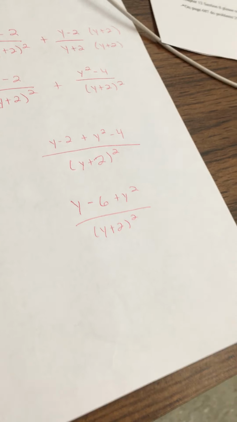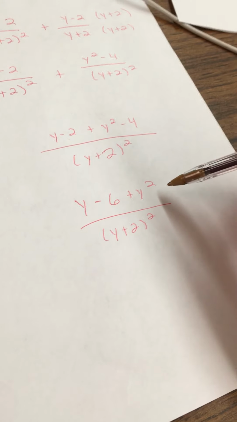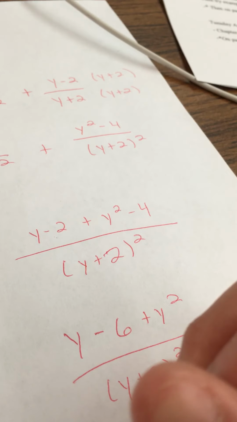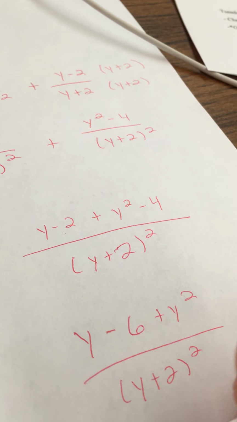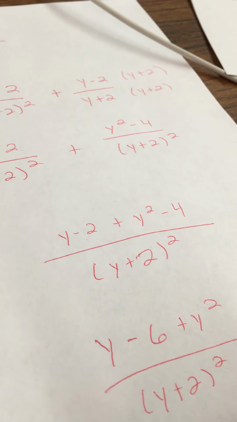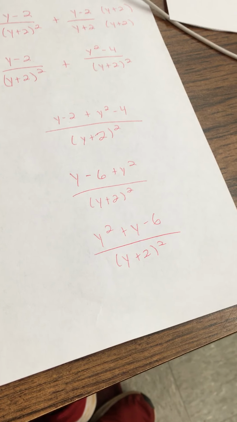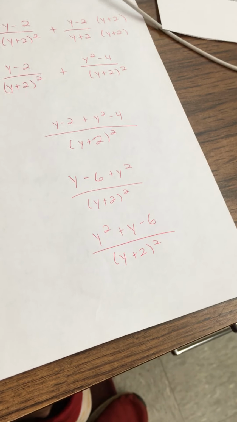Okay? But you guys know good and well that this is not in the correct order. Okay? We want it as y squared plus y minus 6 over y plus 2 squared. Okay? Y'all know good and well that's the form that we want. We want it in y equals mx plus b form if we're going to have a y squared.